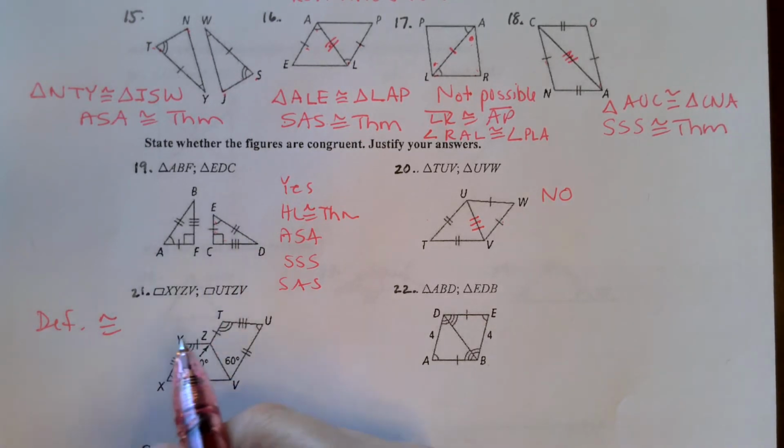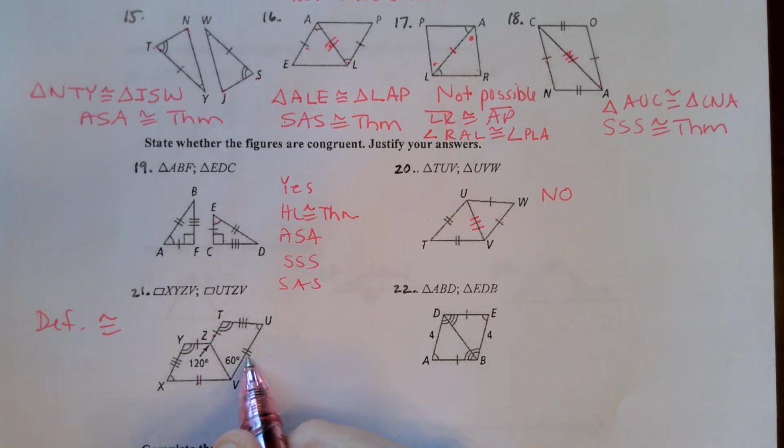So let's look. So I got 1, 2, 3, and this is reflexive. Wow, 4. Now it just matters about the angles. So I got one angle here, I got two angles here. This is 120, so that means that's 120. Oh, it is a reflection.